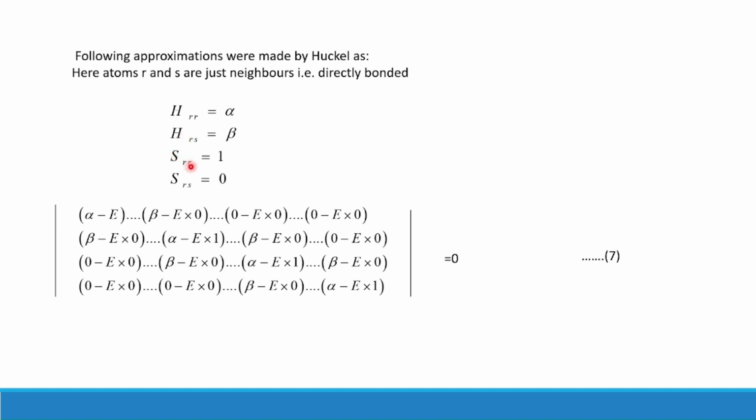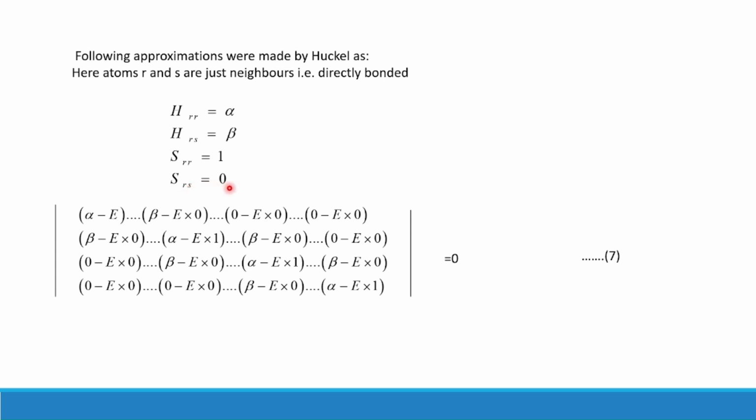Then S_rr, that is S11 or S22 or S33, we represent as 1. And S_rs, if r and s are different, whether 1-2 or 2-3 or 1-4, is equal to 0.